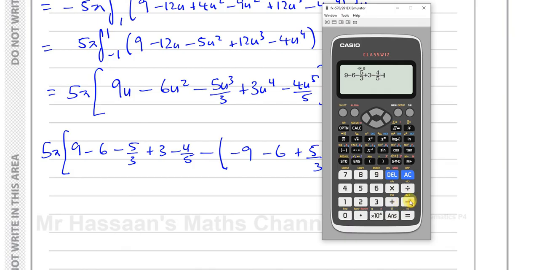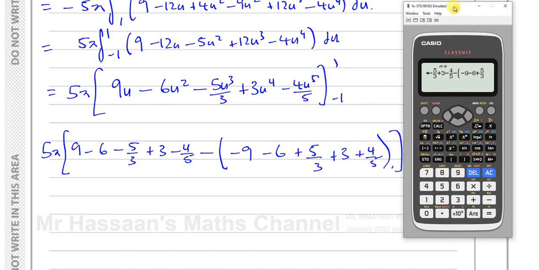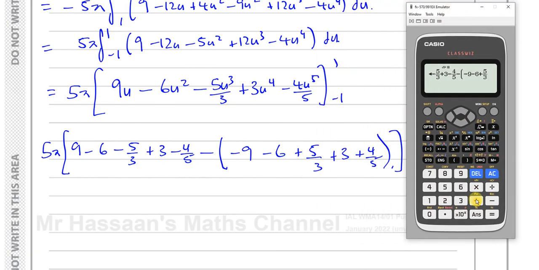Then I have minus, and then brackets, minus 9 minus 6 plus 5 over 3. You've got to be really careful in this type of question. It's very easy to make mistakes with signs, even typing things in your calculator. You've got plus 3 plus 4 over 5.